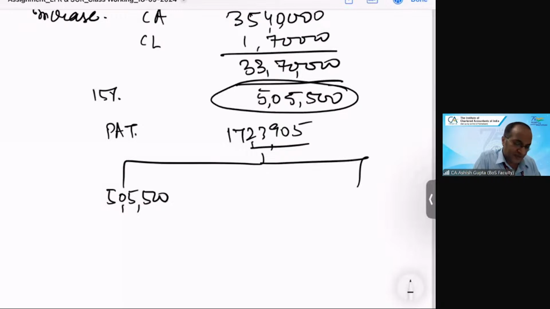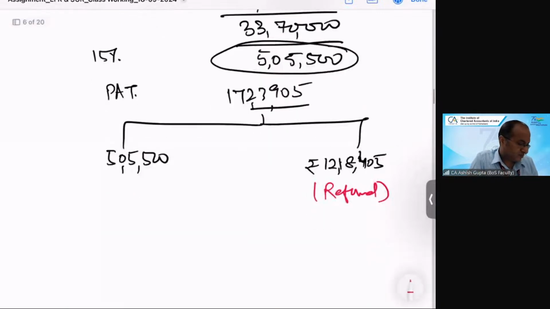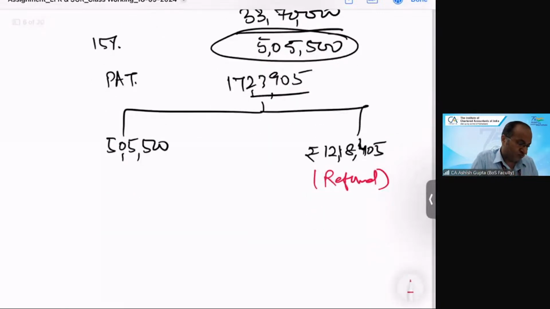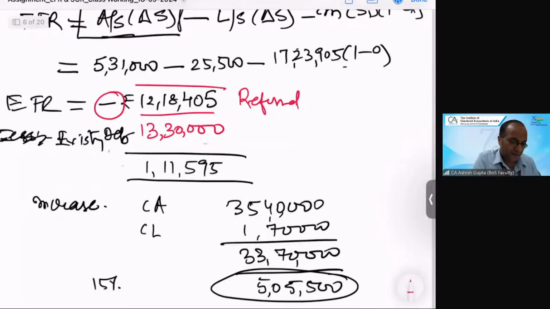The balance rupees 12 lakh has been left with us. Now, when it has been left with us, what do we do? We use it to refund the long-term loans, and that's the amount coming here.